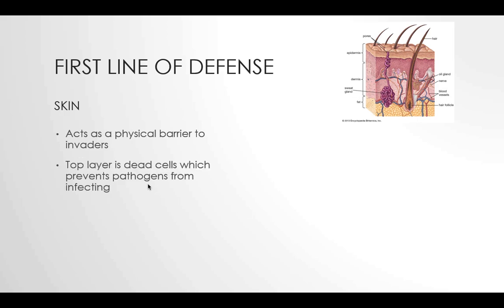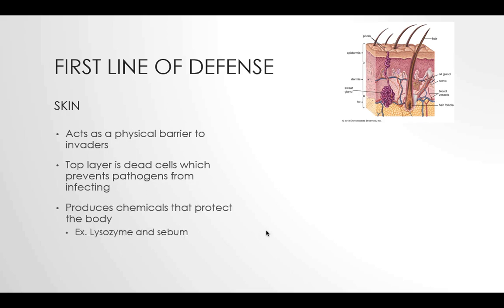The top layer of skin is actually dead cells, which many of you probably know, but actually this helps prevent pathogens from infecting. Because when your dead cells flake off your skin, they actually probably have viruses and bacteria that have landed on it that also flakes off with your dead skin. Now, viruses and bacteria, they need living cells to actually do any harm. So because your skin is dead cells on the first layer is really helpful.